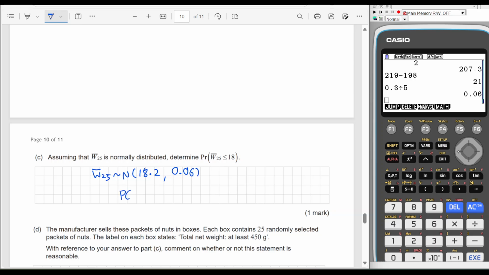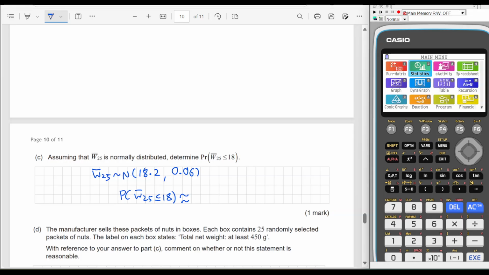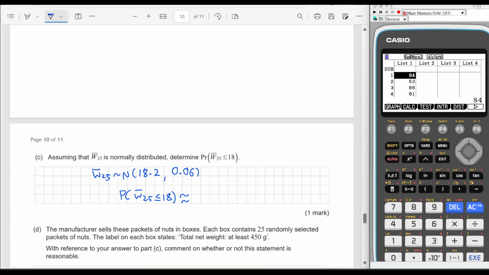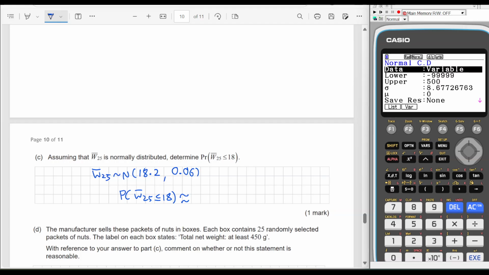The probability that W bar 25 is less than 18 roughly equals, and we can work that out. So let's do that. Stats, dist, norm, NCD. We're going to go minus 9999999, 18. And then we're going to give our mean and standard deviation 0.06 and 18.2. Execute: 4.29 times 10 to the minus 4.